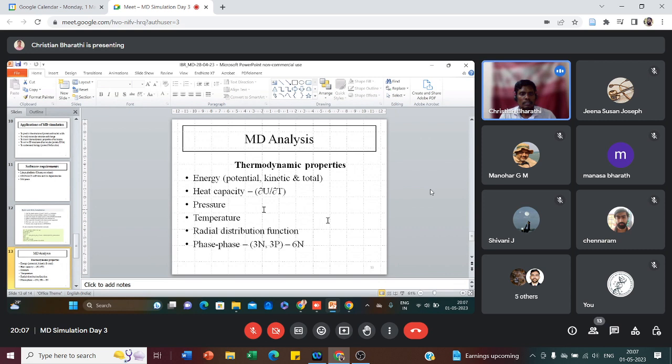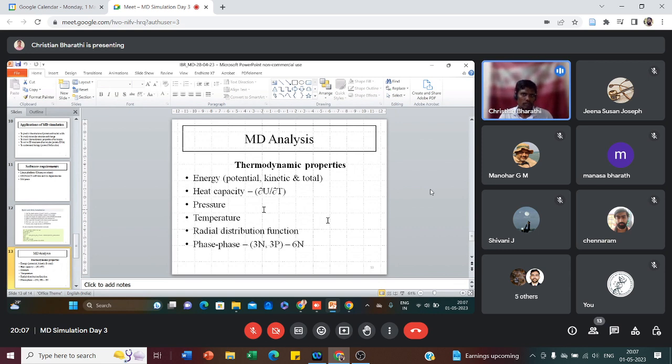Next one is the radial distribution function. So radial distribution function is the size of the system. Here theoretically we are trying to calculate the size of the system, and it tries to calculate one molecule's position with respect to other molecules' positions. In our case we are taking a protein for the MD simulation.